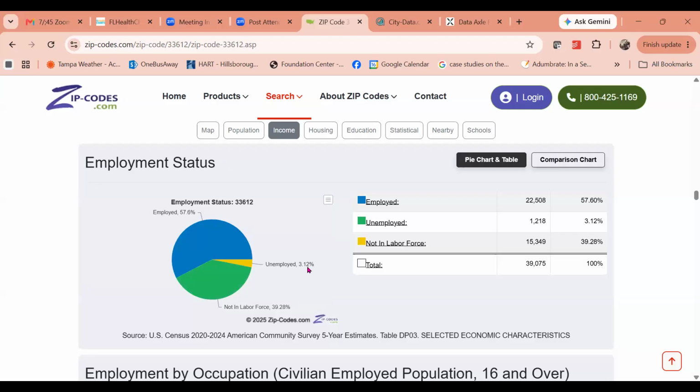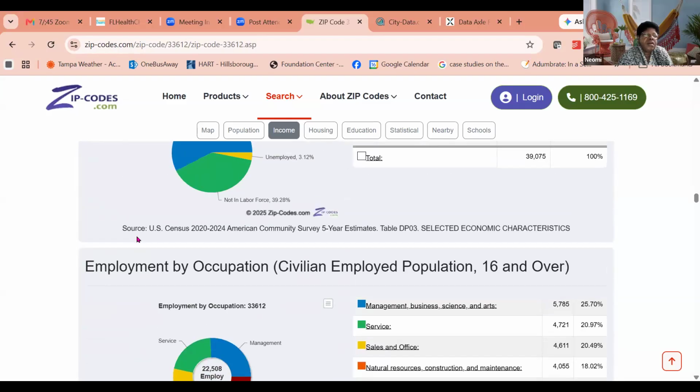But unemployed people in your neighborhood is only 3 percent, and employed is 57 percent. The greater majority of people in your neighborhood are employed, and that's children in the green.